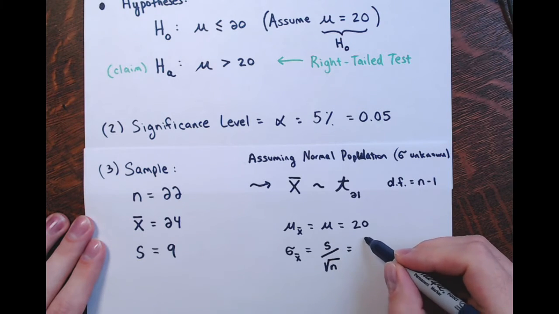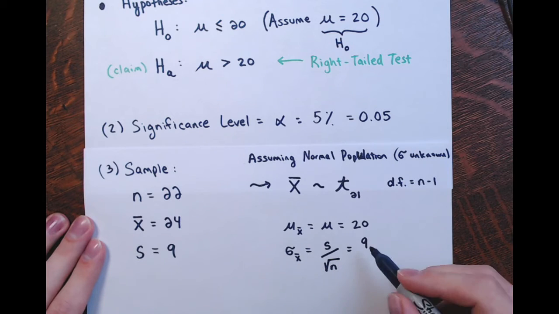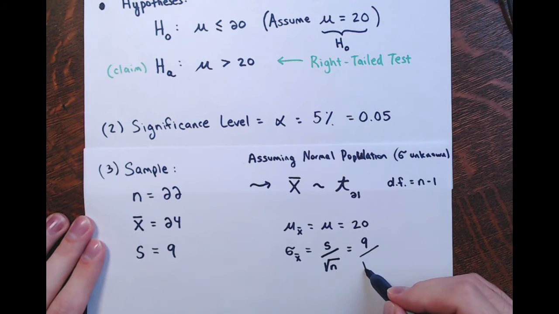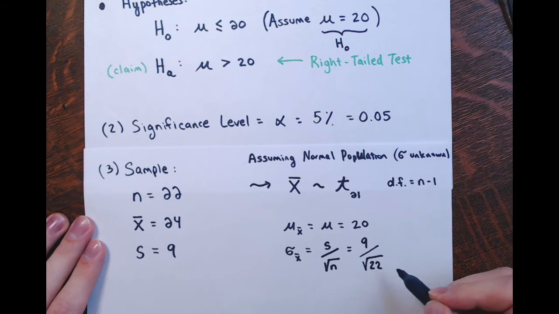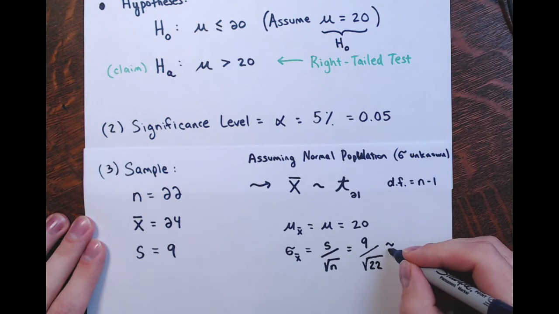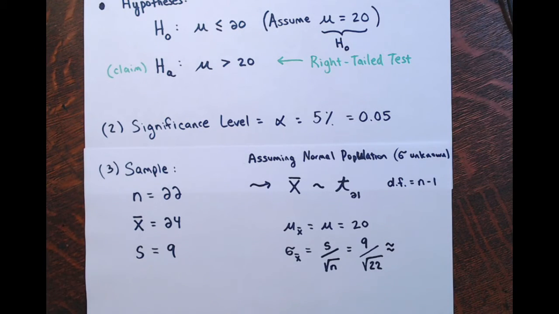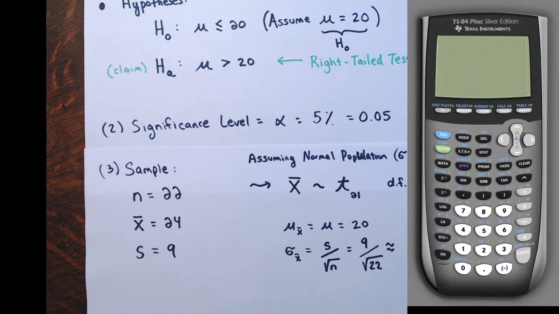Right, so 9, our sample standard deviation, divided by the square root of our sample size, the square root of 22, which is, again, approximately, I'll pull up a calculator, so 9 divided by the square root of 22, pardon me, typed it in a little too quickly.